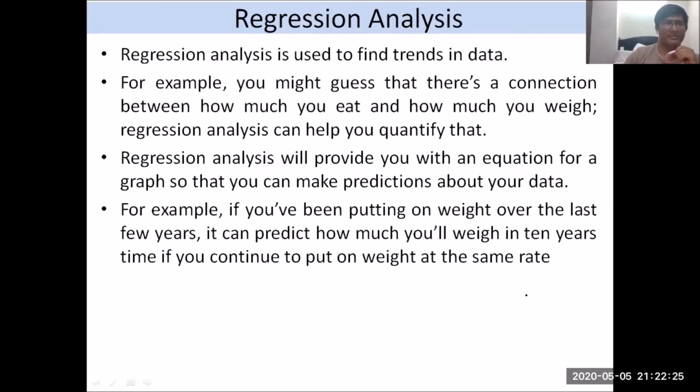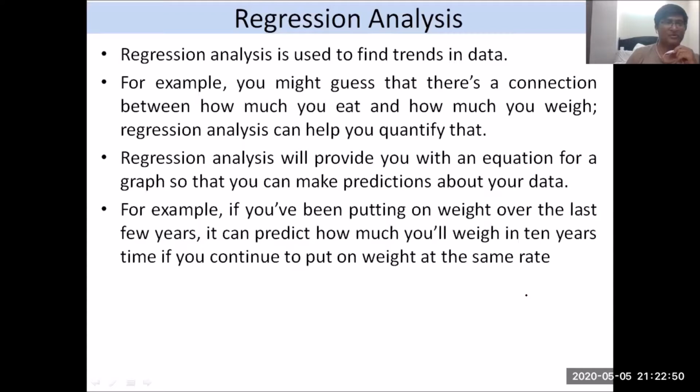Like, for example, in the same example, if you have been putting on a lot of weight over the past, suppose, 3 years, and you want to predict, based on the manner in which I have gained weight over the last year, that if I go with this kind of rate, then what would be my weight after 10 years, in the time to come.